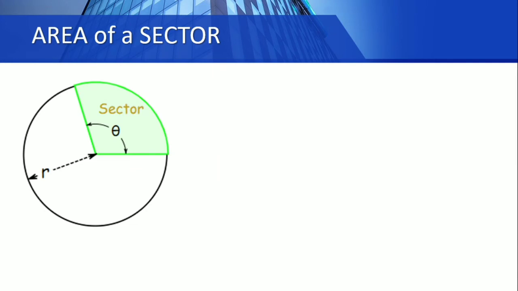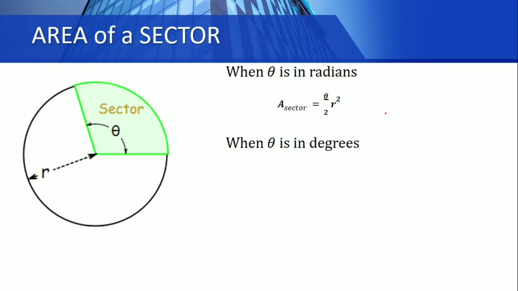So, meron tayong tinatawag na area of a sector. So, ito yung sector natin. So, kapag theta is in radians, so area of a sector is equal to theta over 2 times r squared. So, kapag naka-degrees naman, yung ating theta, so, imumultiply lang natin ito ng pi over 180. So, area ng ating sector is equal to theta over 2.